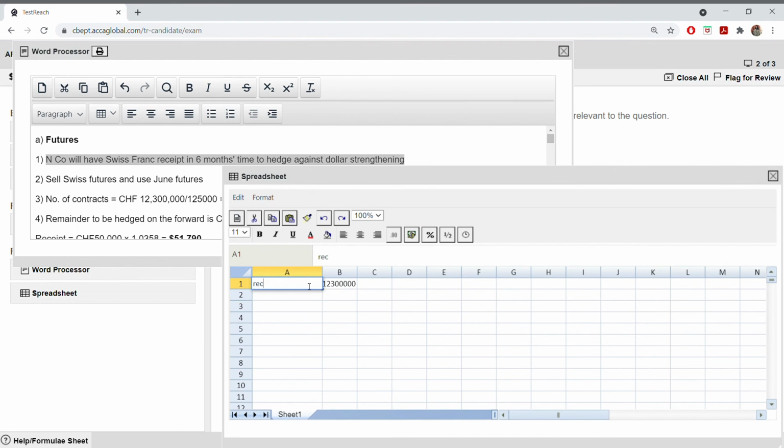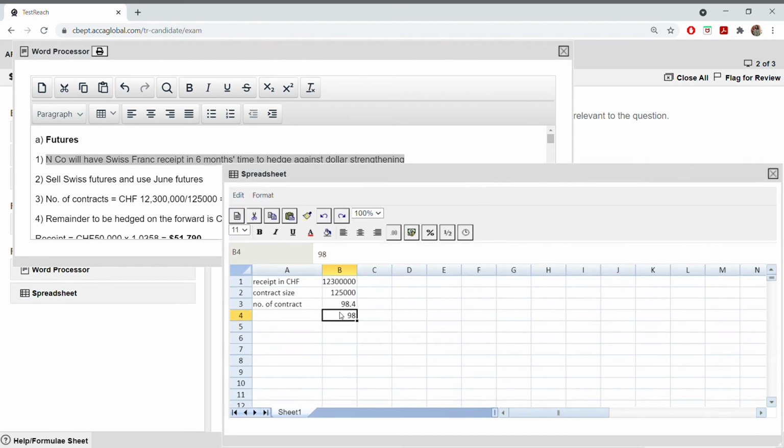This is the receipt in CHF. Okay, then we have contract size. So now the number of contracts, if you want to find out, you can just divide this by this and find out, 98. So for calculation purposes, it is easy.